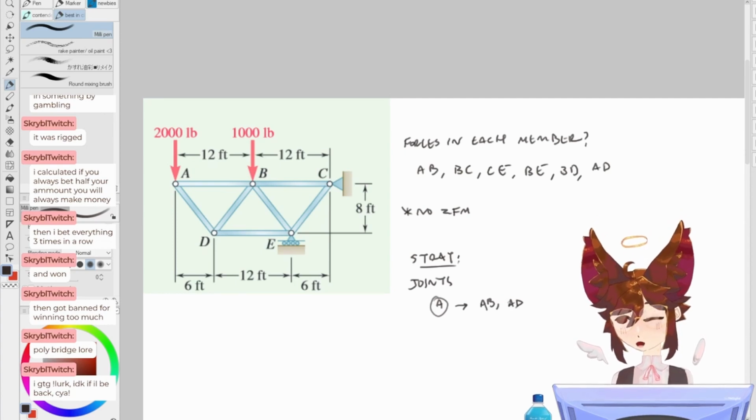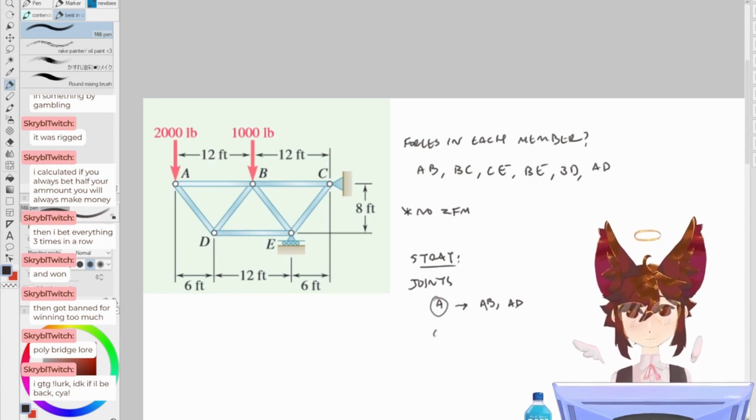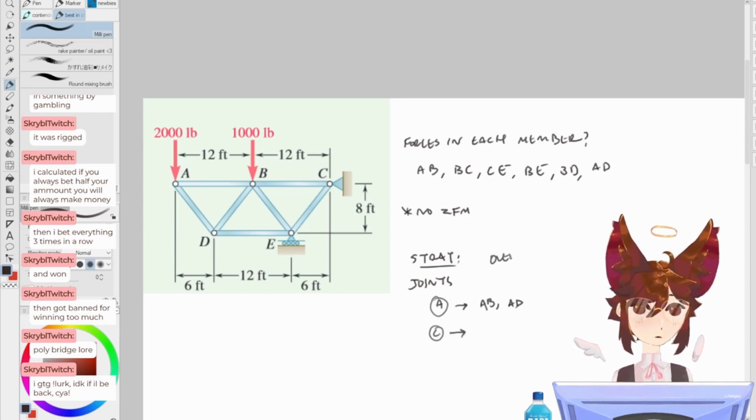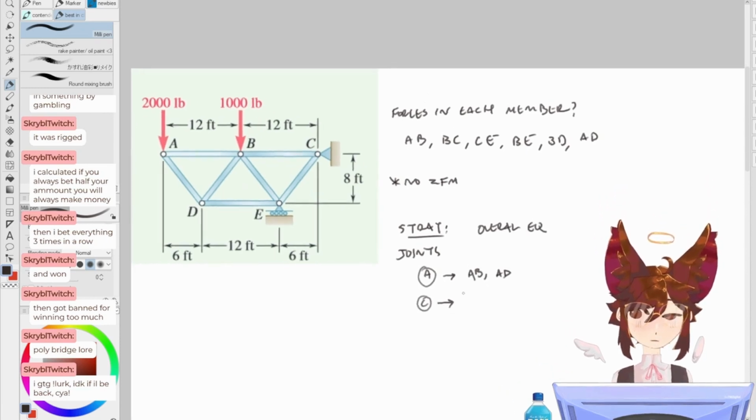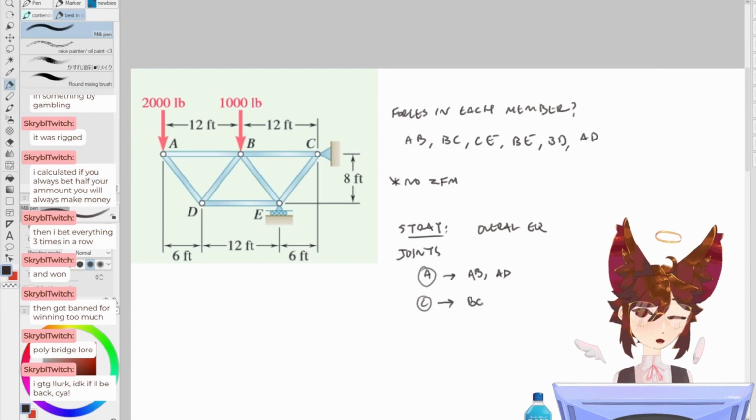I don't want to go to C then, which will give us, well, we have to do overall equilibrium. Overall EQ. Then for C, that will give us BC and CE.